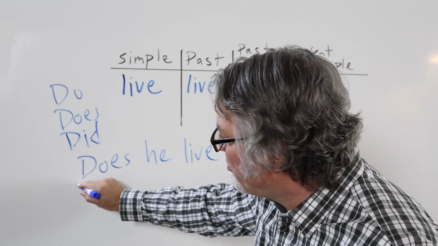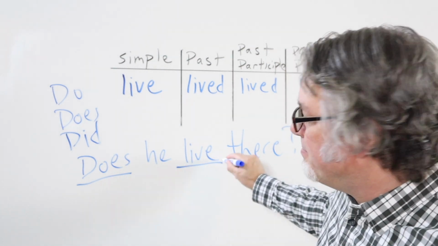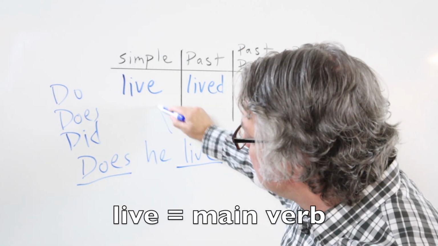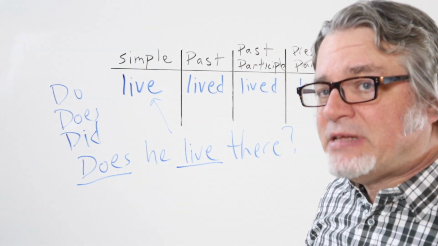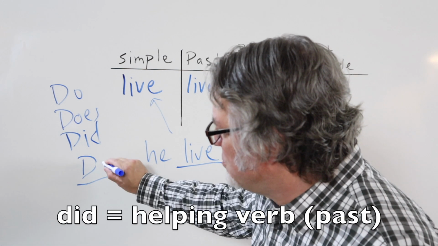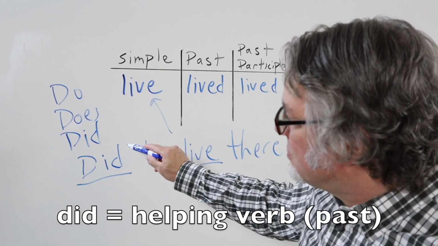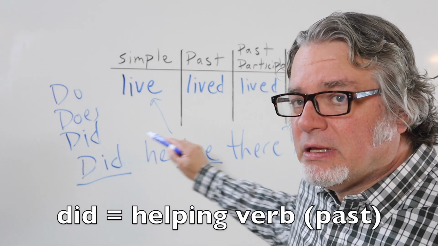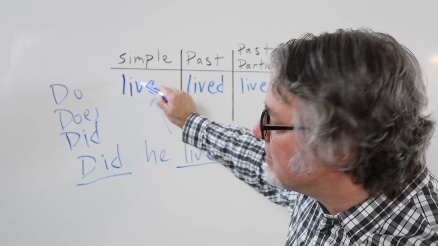So here's the helping verb, here's the subject, and this is the main verb in the simple form. To put it in the past tense, just change does to did.